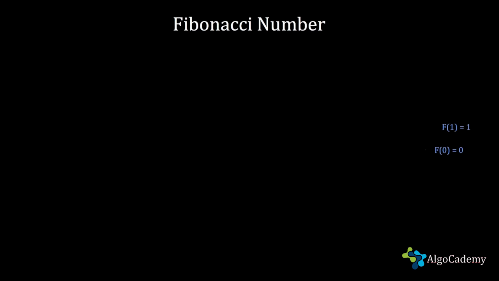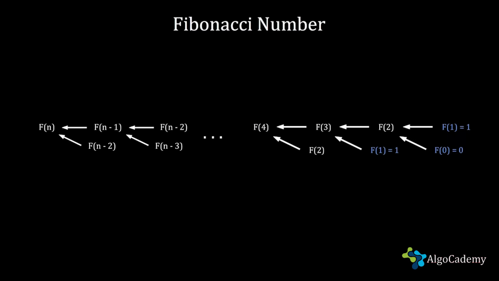So again, we start from f0 and f1, we use them to compute f2, then we use this f2 along with f1 to compute f3, then we use f2 and f3 to compute f4, and so on and so forth, until at the last step we will use fn-2 and fn-1 to compute fn.